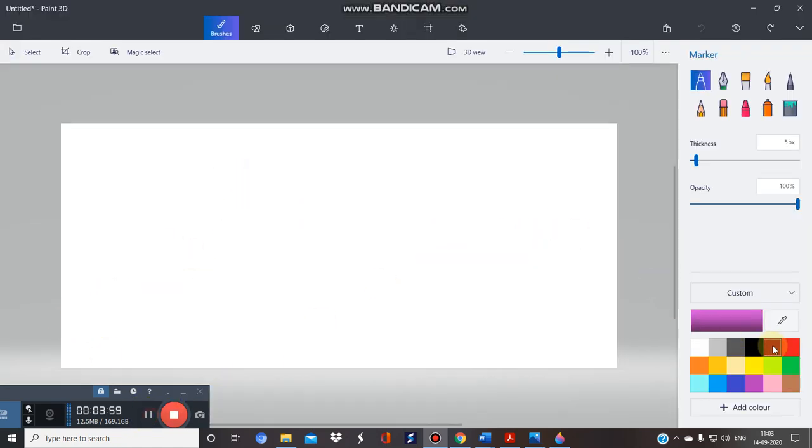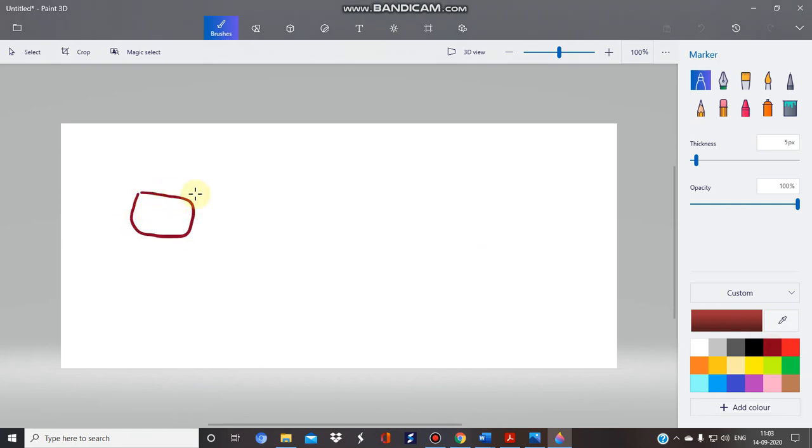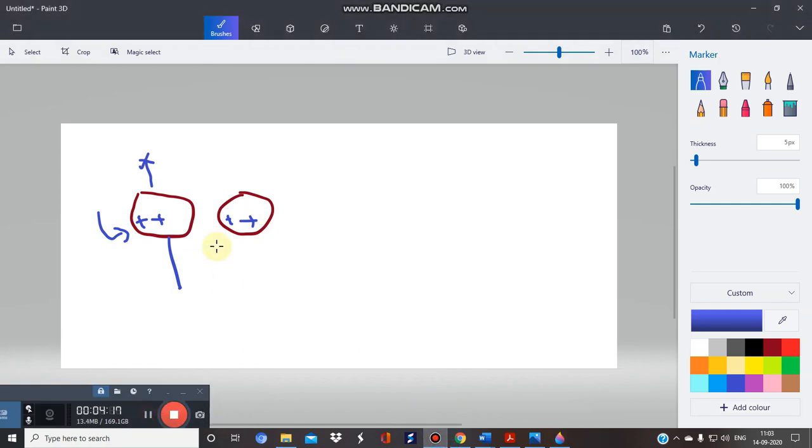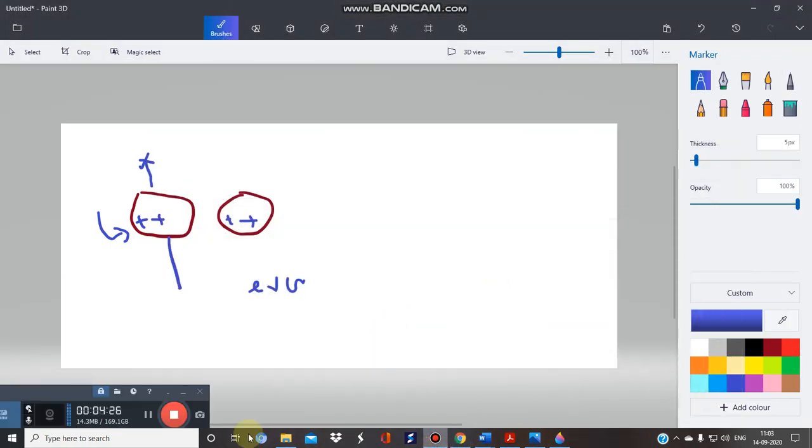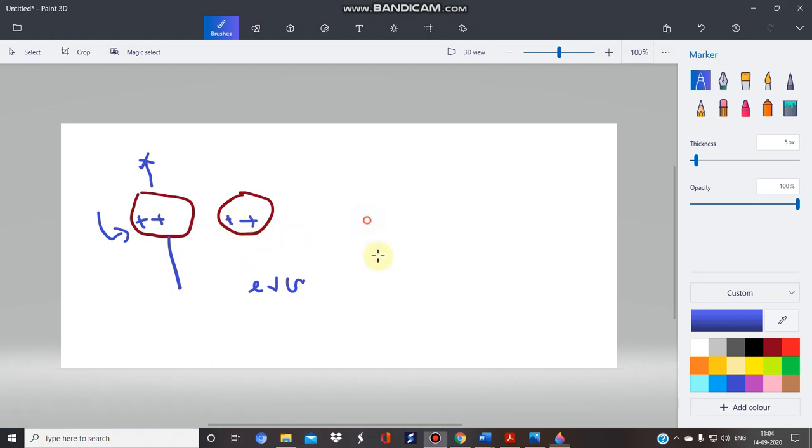Let me draw here. Suppose I have drawn two protons here, and suppose they are spinning and contain positive charge. In atoms which contain an even number of protons, the particles get paired.